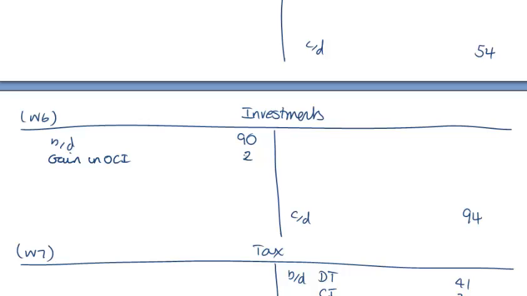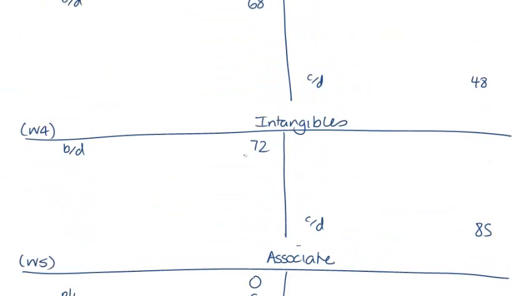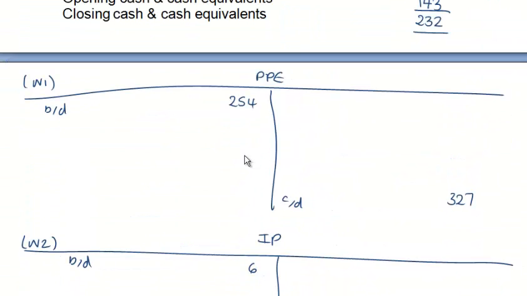We've got losses on a property revaluation. So I'm assuming that's PPE. Go to PPE, revaluation loss, OCI is 7. And we've got a debit.